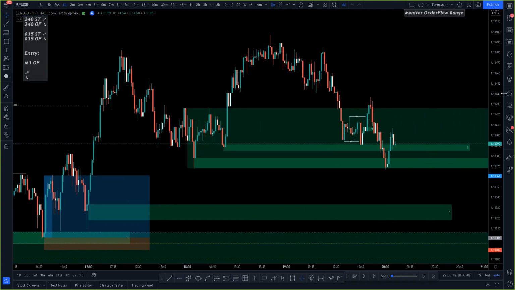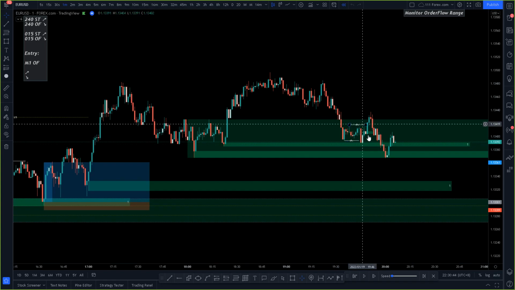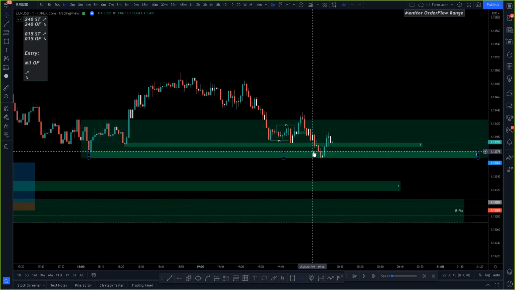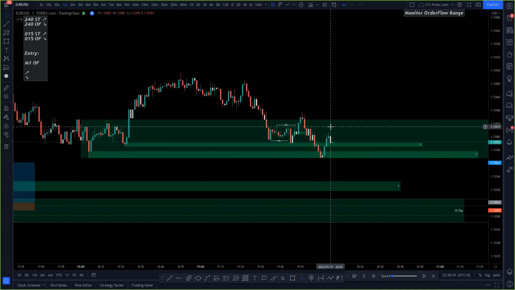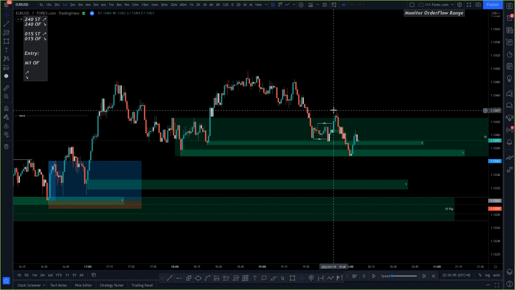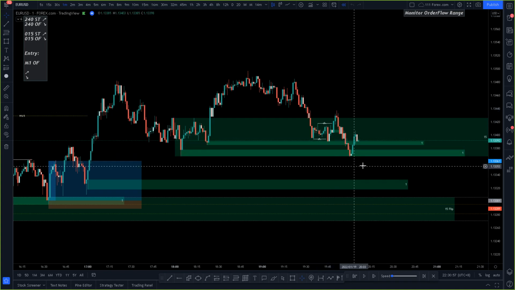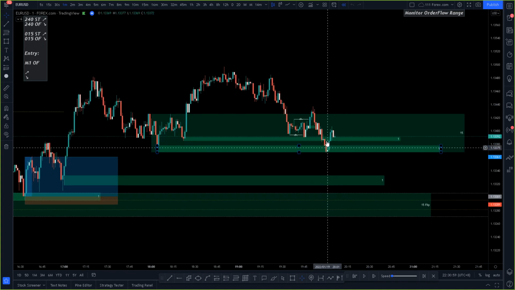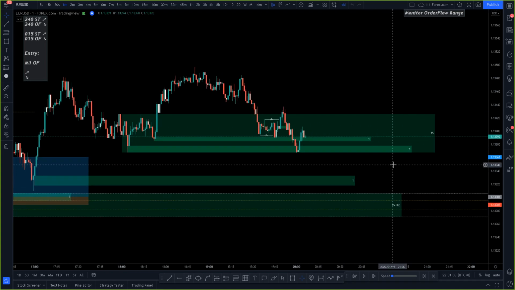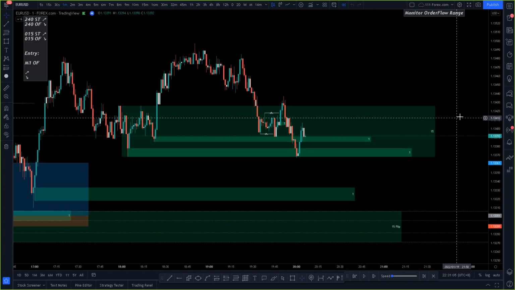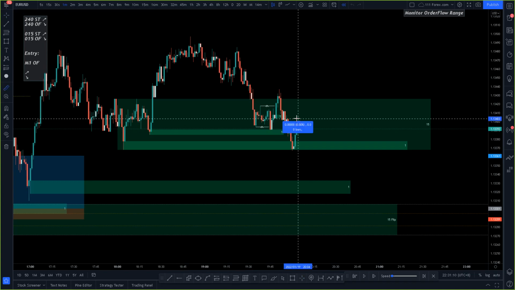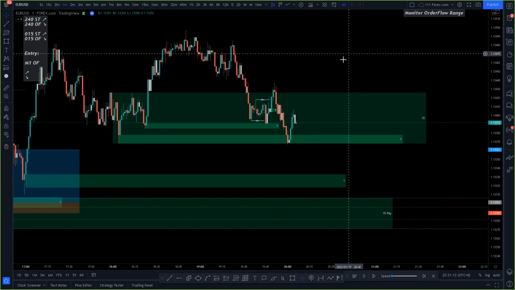All of these sell order flow, their target has been reached. So the last M1 demand ranges might not be holding like this. So yep, this one I took a loss from here.